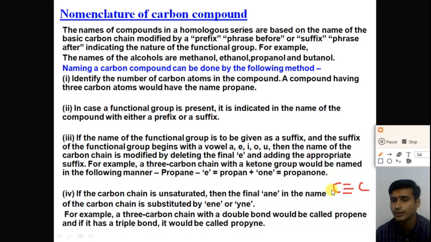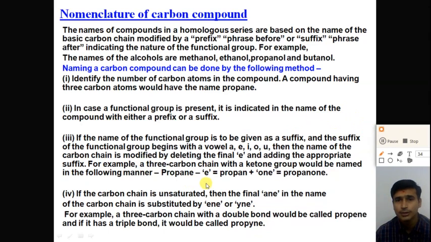Similarly, if there are 3 carbon atoms and there is a double bond between them, its name is propene, and if there is a triple bond, its name is propyne. So a 3 carbon chain with the double bond is called propene, and with the triple bond, it is called propyne, right?